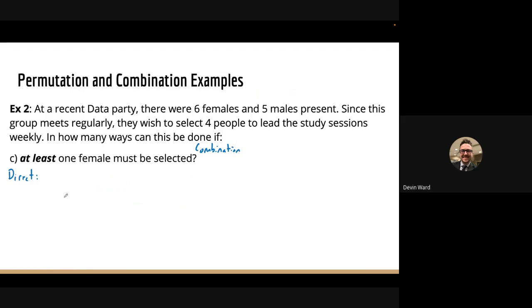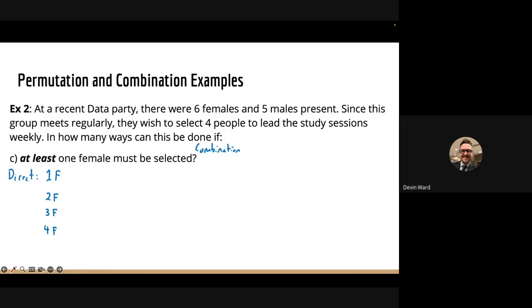Okay, so direct method. There are 4 people total in the committee. So we can have 1 female, we could have 2 females, we could have 3 females on the committee, or we could have 4 females.